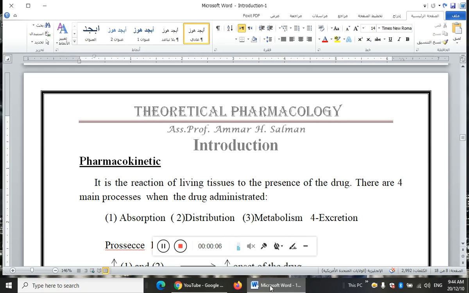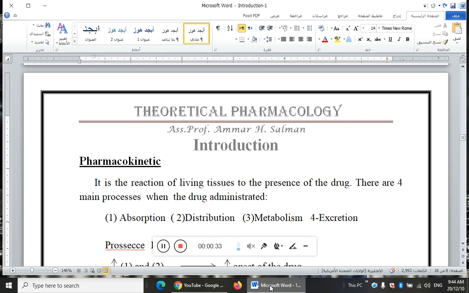We'll continue in the second lecture with the introduction of pharmacology. After we end with pharmacodynamics, we'll continue with pharmacokinetics. Pharmacokinetics is defined as the reaction of the living tissues to the presence of the drug.